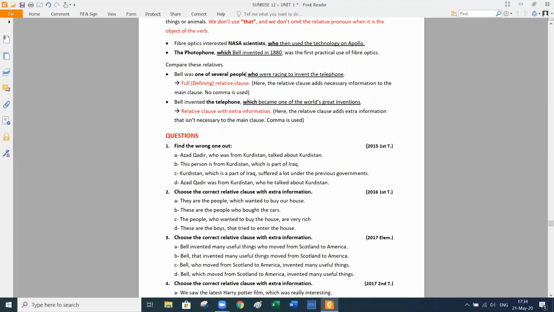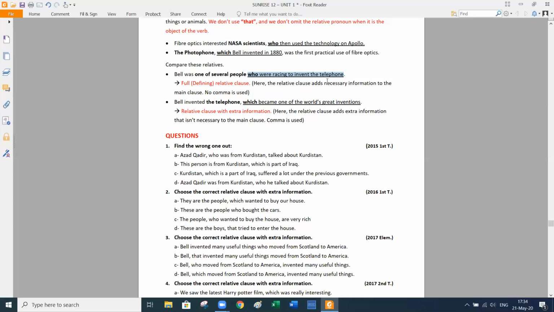"Bell was one of several people," full stop. It doesn't make sense. One of what people? So I need to define the people. I need to say what people. And the relative clause here is telling us what people. "Bell was one of several people who were racing to invent the telephone."